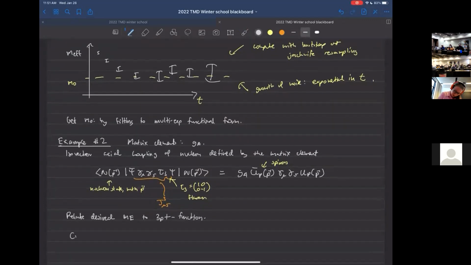Okay, so let's write down our 3-point function here. Now, I'm going to have 2 times in here, and we'll see where they come from in just a second.